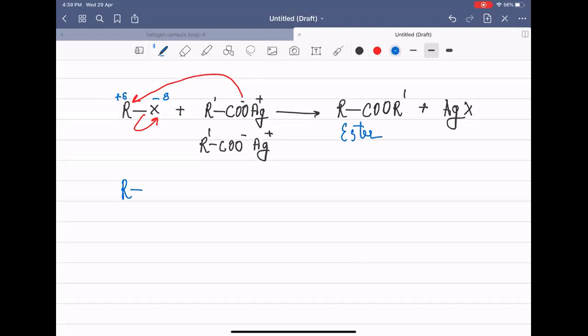You can also have RX reacting with lithium aluminum hydride, for example. Here the nucleophile is H minus.